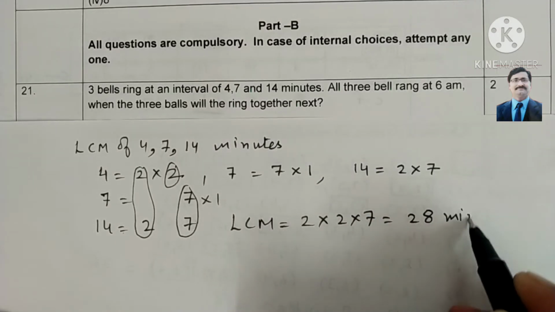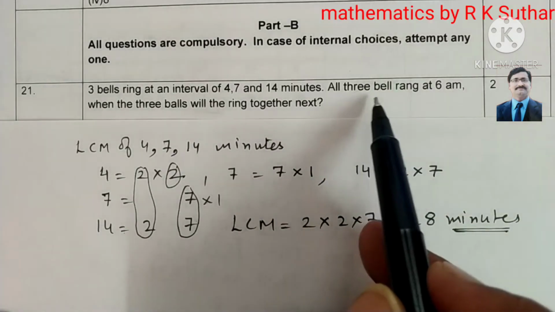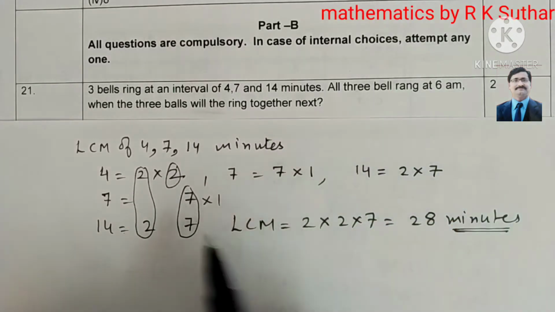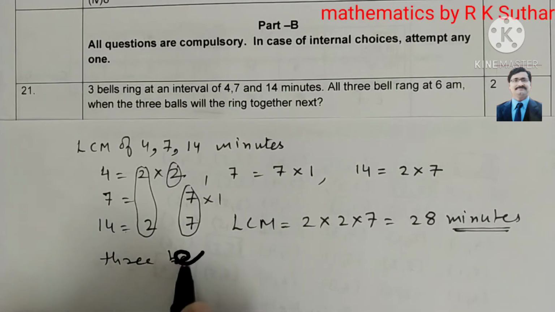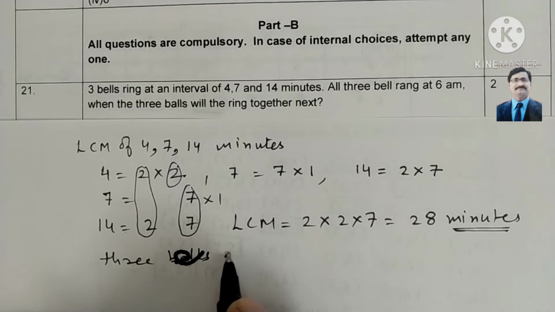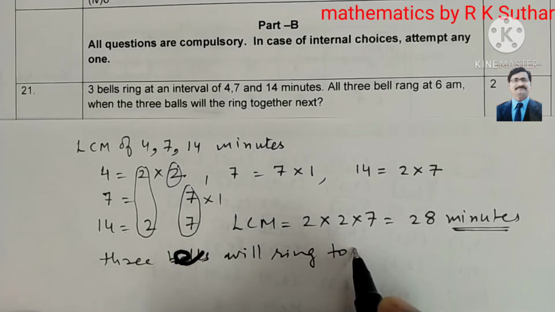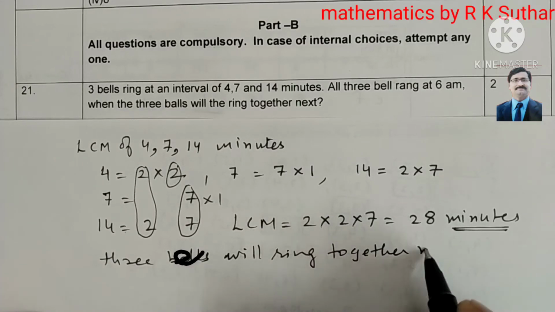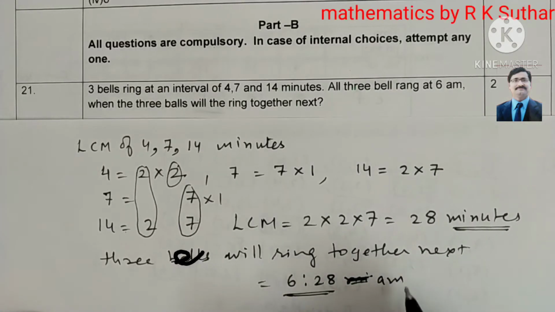So 28 minutes is the LCM. All 3 bells ring at 6 am, so the 3 bells will ring together next at 6:28 am.